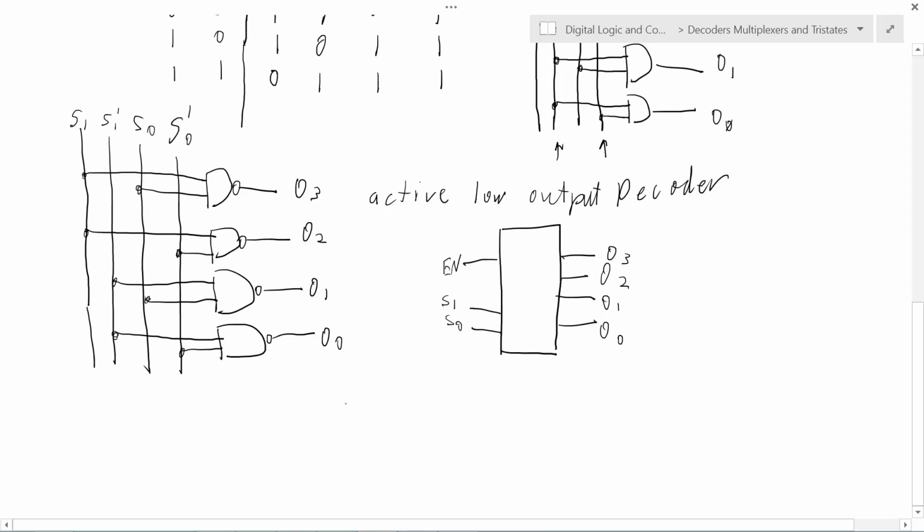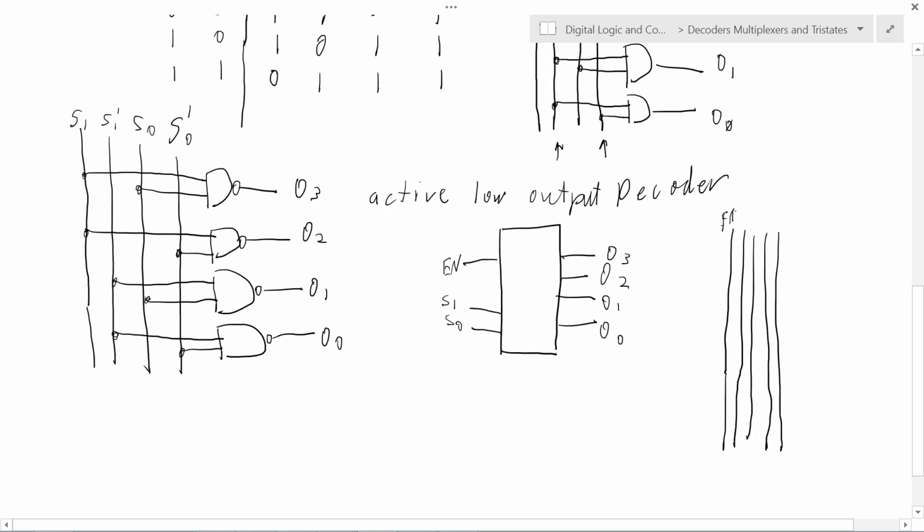You could implement it by just adding another input line, with S1 and S0. Let's draw all 5 input lines here.